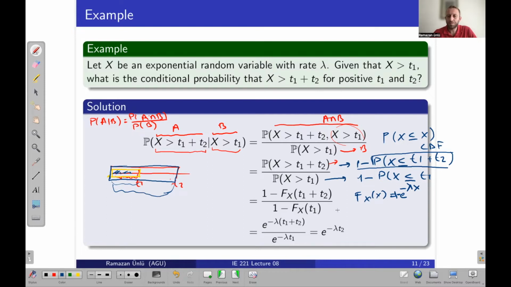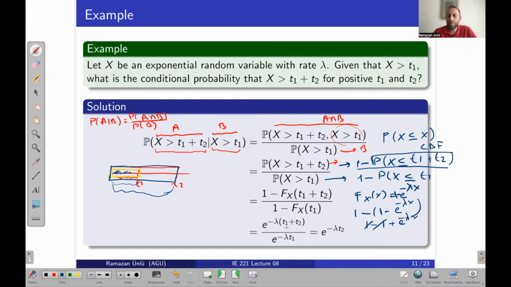So instead of this one, I can write this, and that will be 1 minus e to the minus lambda x, and this will be 1 minus 1 plus e to the minus lambda x. These two will cancel each other, and I will end up with e to the minus lambda x.